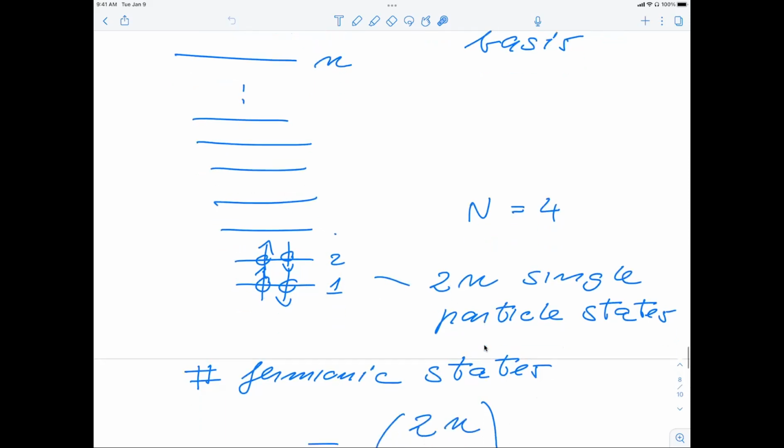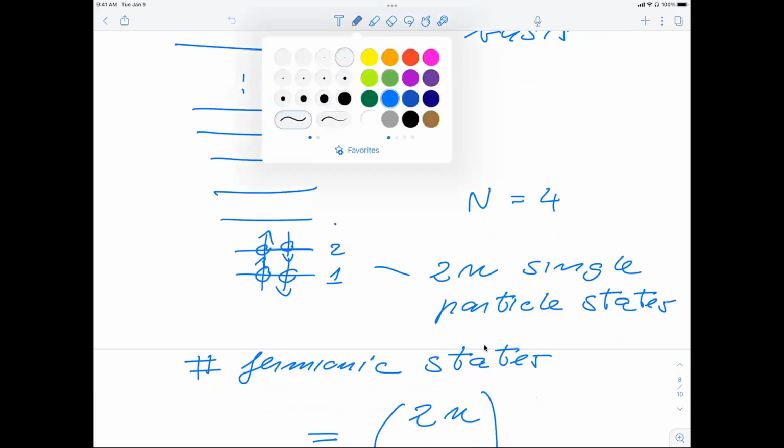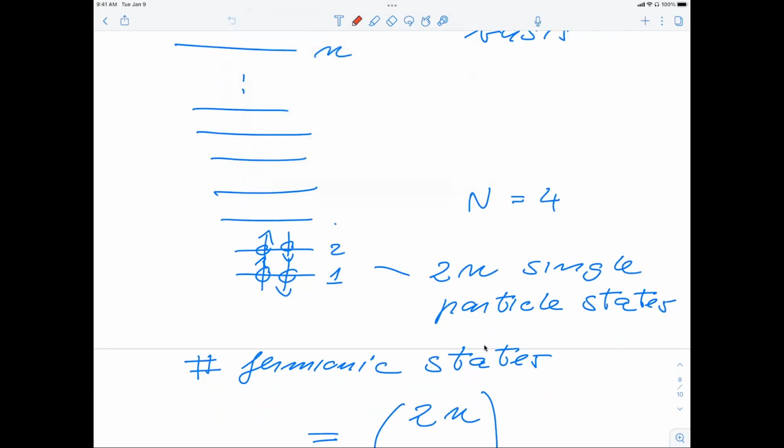So in this specific case, when you count all the slots you have, what you would end up with is 2n slots. So when you're now setting up the basis, you would have to number them. So we could give a new numbering here. We could start with 1, 2, this could be slot 3, slot 4.